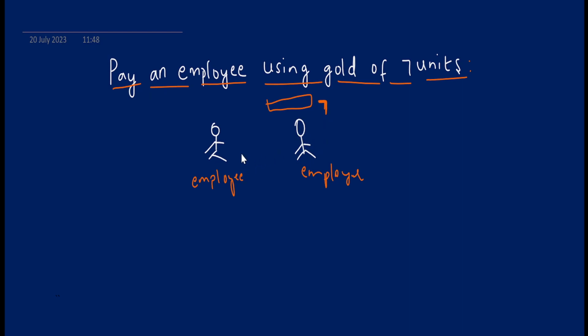Now, the employee works for 7 days, and each day he should get 1 rupee or 1 unit. Each day he should get 1 unit added to his account, or he should be awarded 1 unit of the golden bar.